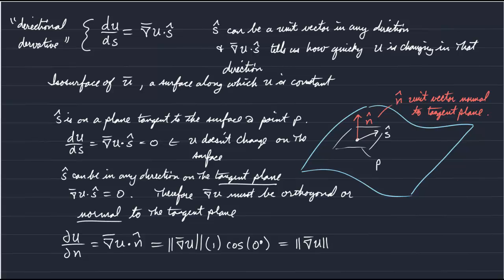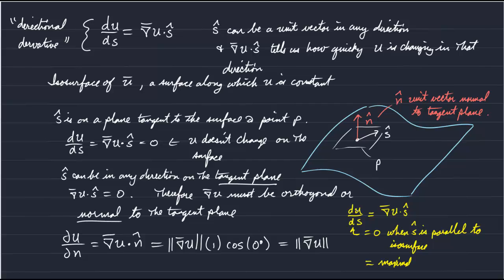So if we return back to the general equation for a directional derivative, this equals 0 when s hat is parallel to an isosurface, and is maximal.